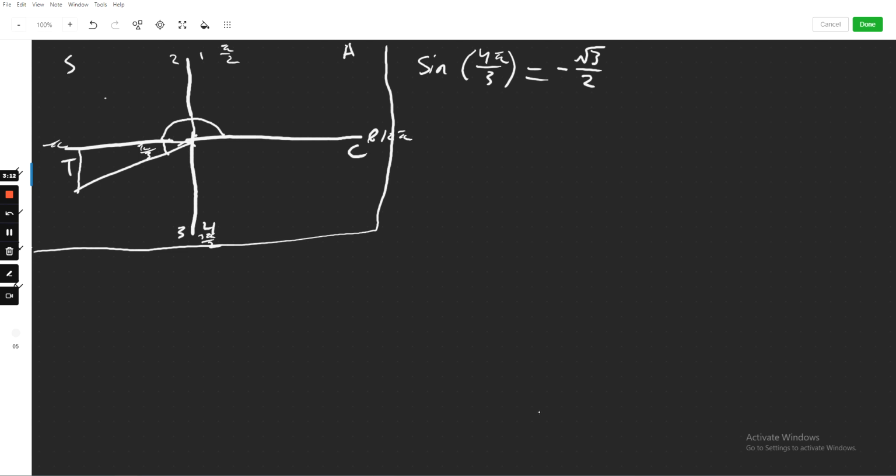Now moving on to another example, we have cosine 11 pi over 6. So 11 pi over 6, where would that be? Okay, so 11 pi over 6.